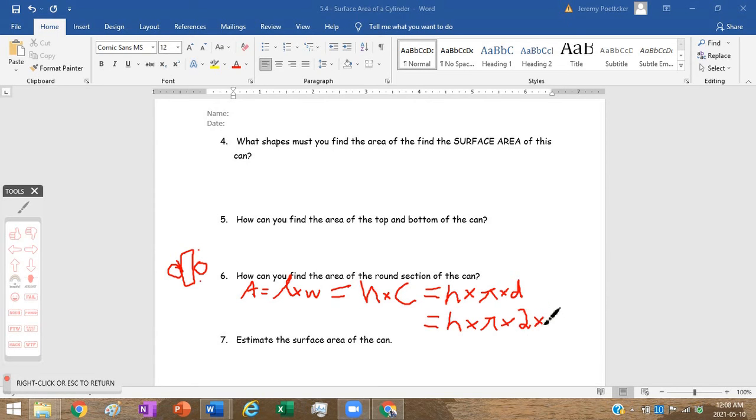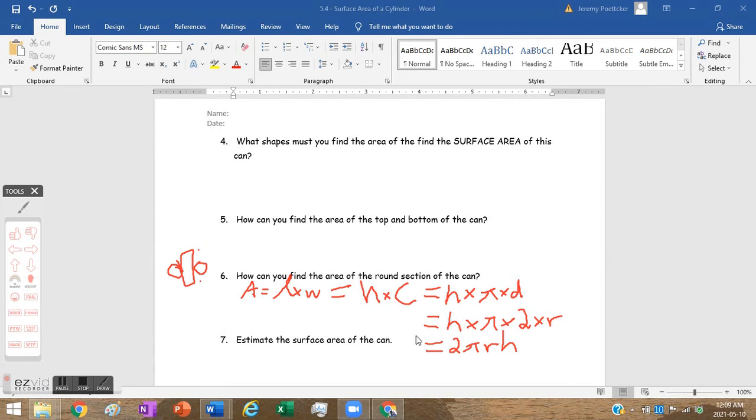And we would normally write that as the number first, and then pi, because pi also stands for a number. 2 pi r h. Okay, and this is where the 2 pi r gives us the circumference times the height. Okay, remember when we're multiplying, it does not matter what order we go in. All right, step the next.